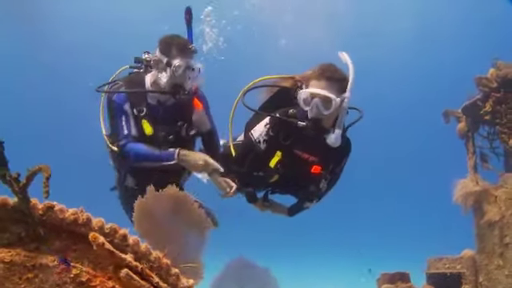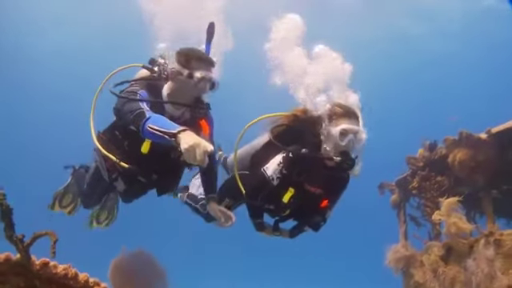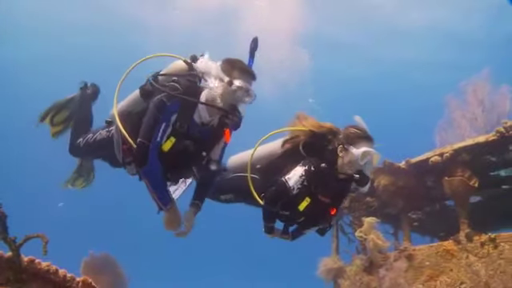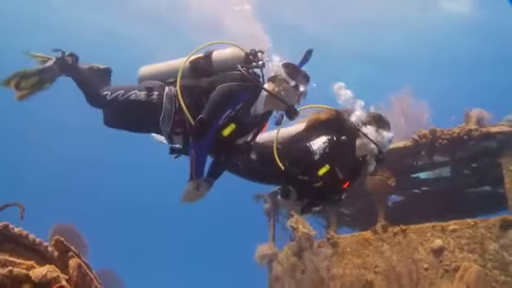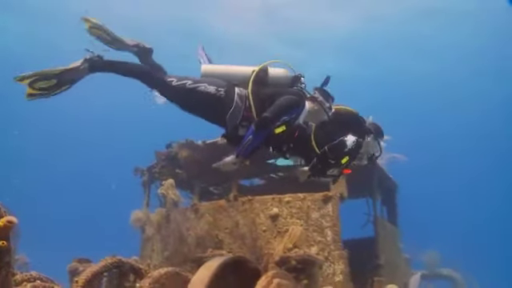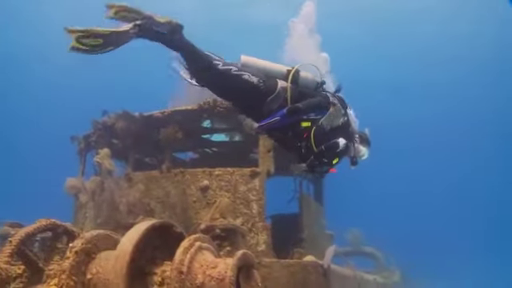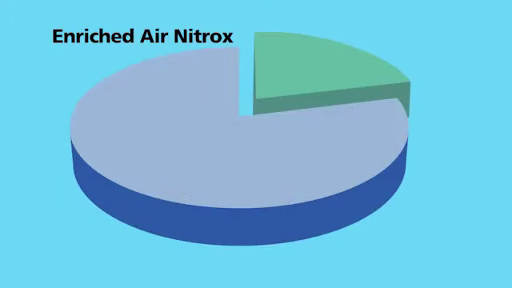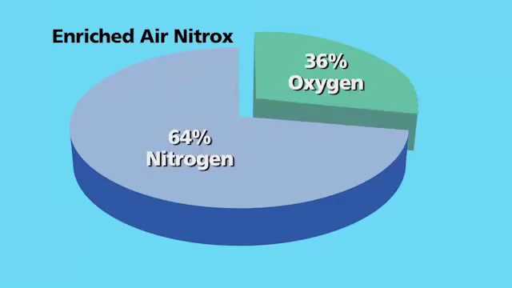Although we need oxygen to live, under pressure, oxygen becomes toxic. It also has fire and combustion issues with equipment. When using air within recreational depth limits, though, neither of these are significant issues. Enriched air nitrox, however, is air enriched with oxygen, so it has a lower nitrogen proportion and a higher oxygen proportion.